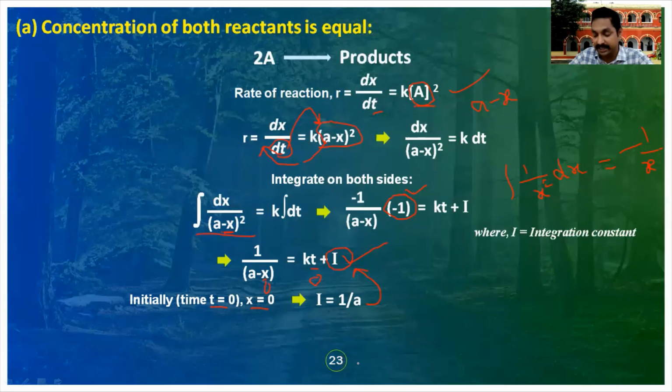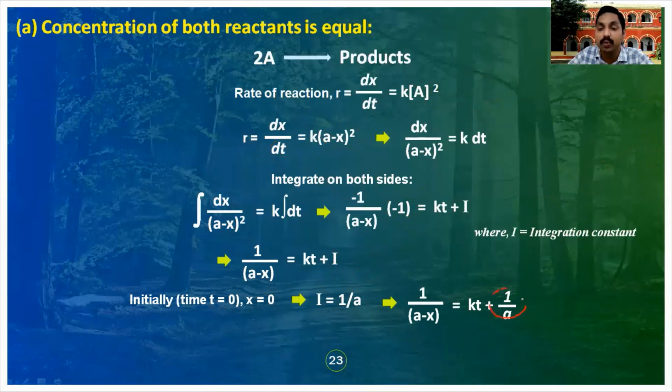Thus what we will get? 1 by a minus x is equal to kt plus 1 by a. Now let us bring this 1 by a to left hand side, so that what will happen?